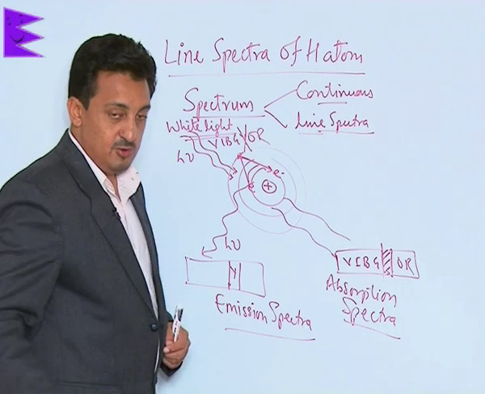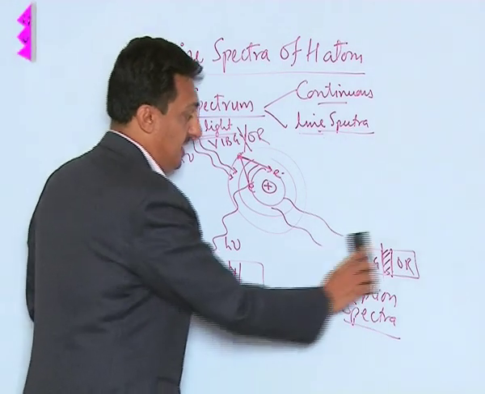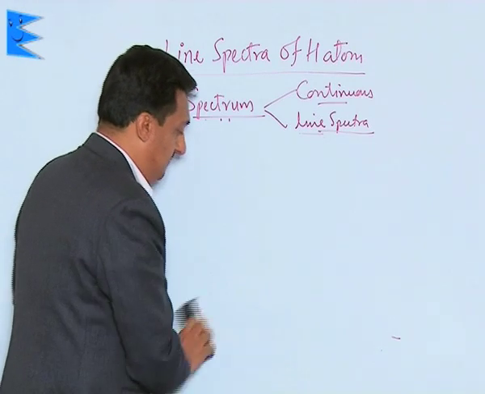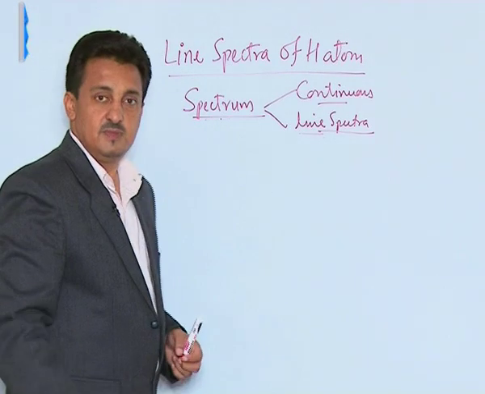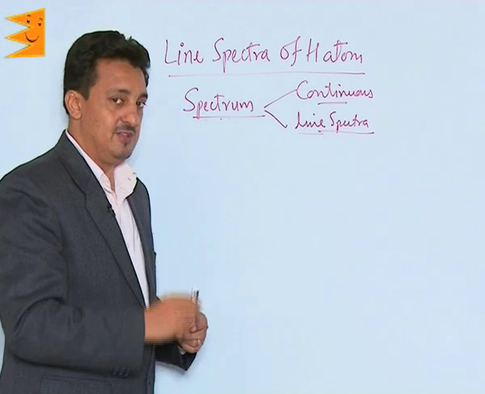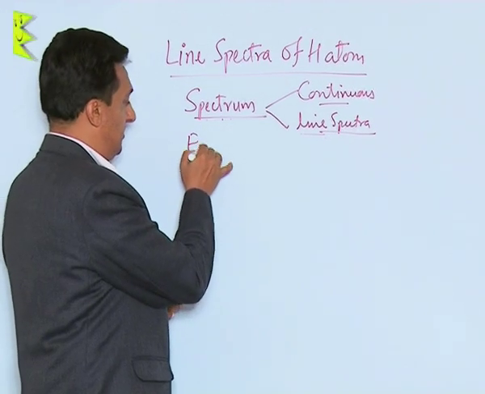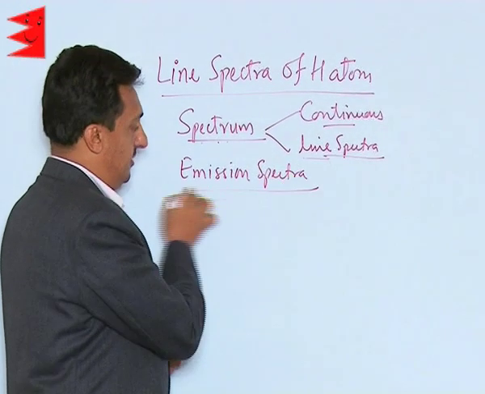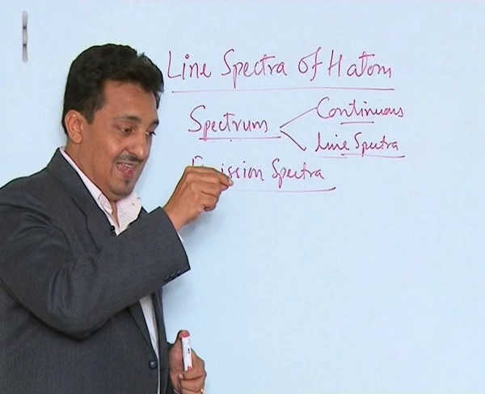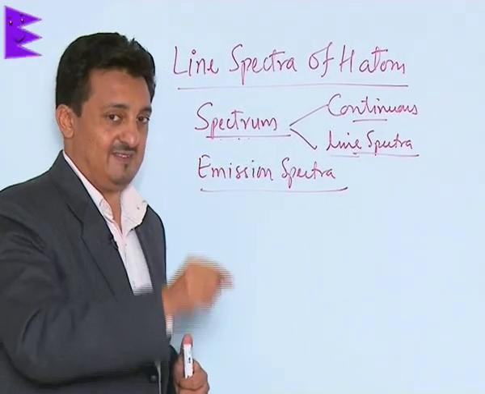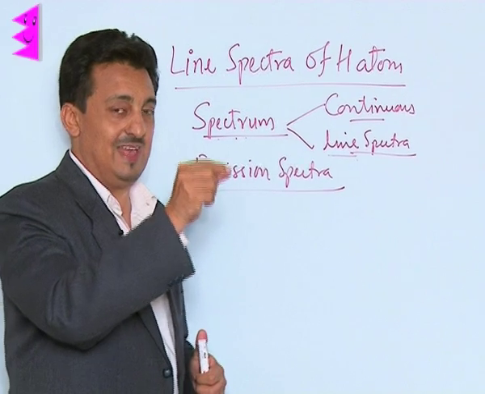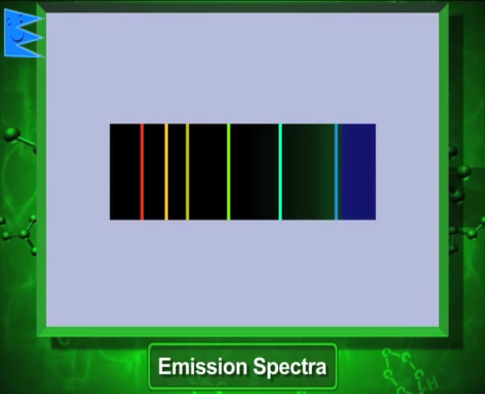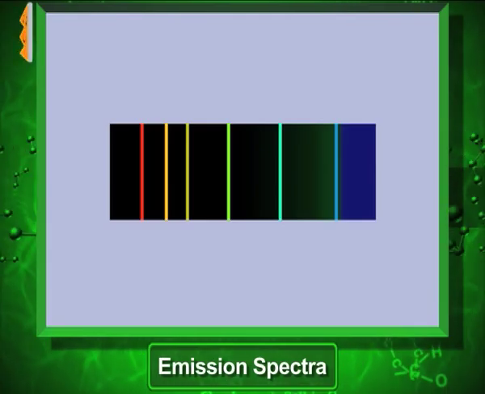Now what is most important to note is that the emission spectra are the most important one for us. These emission spectra are not continuous. They are in the form of light and dark bands, which appear like lines, very similar to the barcodes which we find on products nowadays.